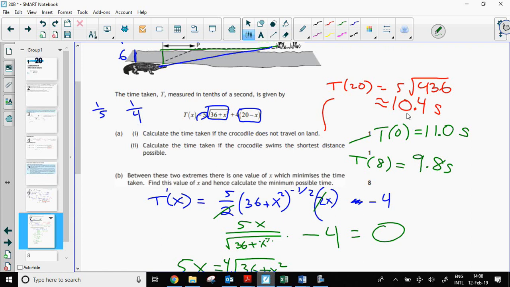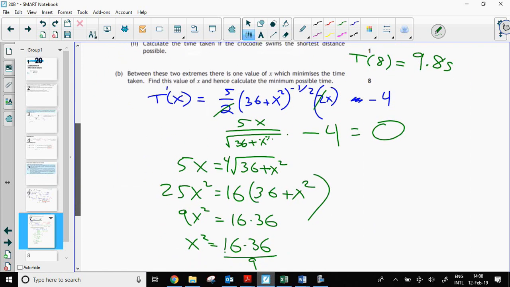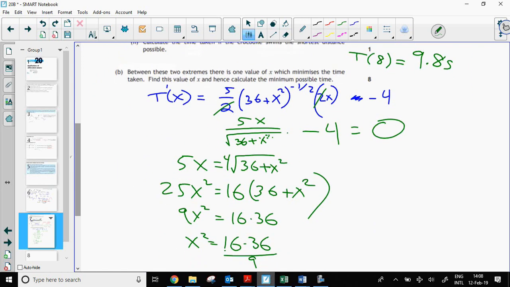That said, we could have taken a look at our derivative here and made a sign diagram. We had x equals 8. If we choose any point to the left of 8, we're going to get a negative value out. You may try that on your own. If we choose any value greater than 8, we're going to get a positive. So that tells me that our original function was a minimum.